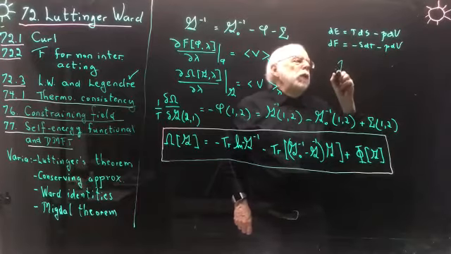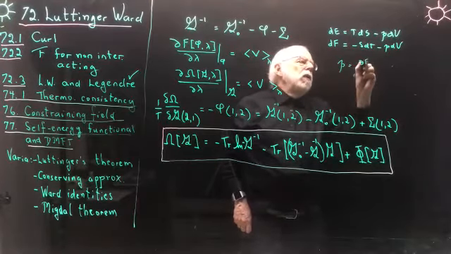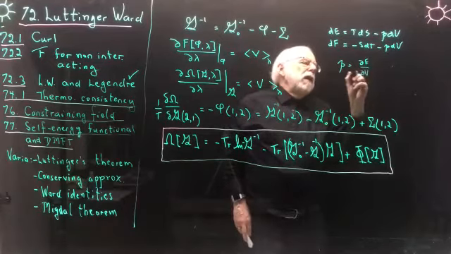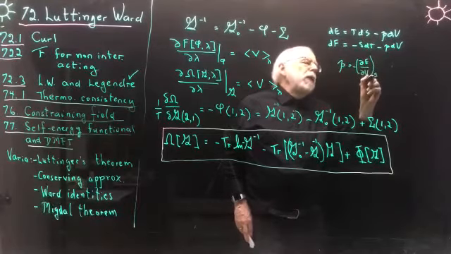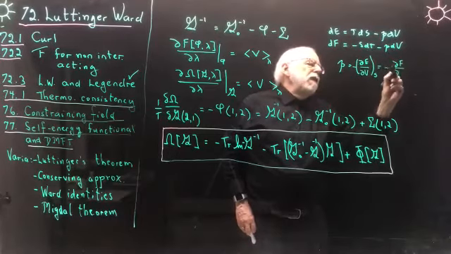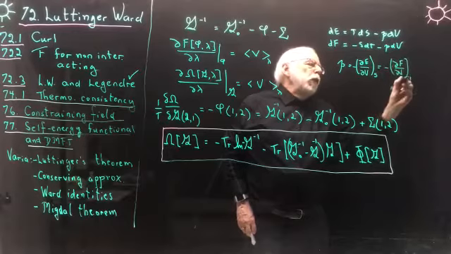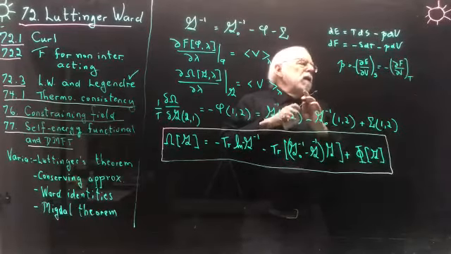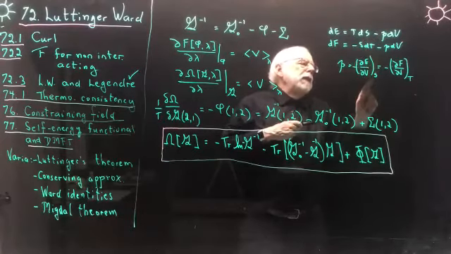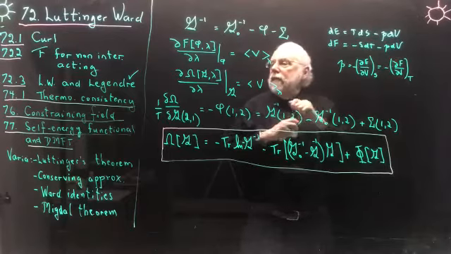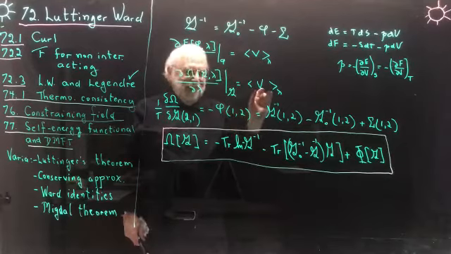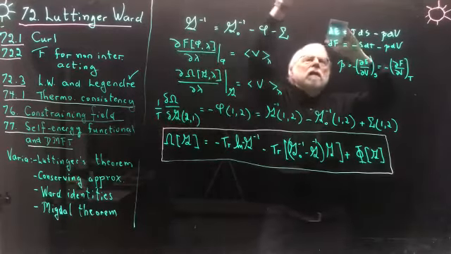So it means that the pressure is equal to minus dE dV at constant entropy, but it's also equal to minus dF dV at constant temperature, right? Here it's S that I have to keep constant because S is the variable. Here it's T that I have to keep constant. Here it's the same thing. I keep phi constant, and here I keep G constant, and I get the same thing. Okay?